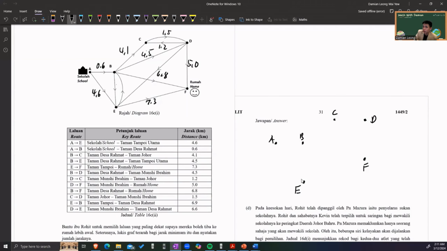Actually, it's a different distance, 1.5 here. BE 4.5. EB is 6.9. Then DE 6.6. So I want the lowest weightage.